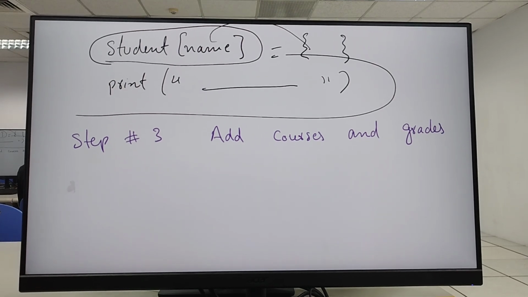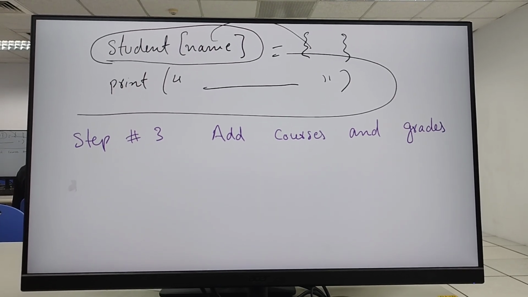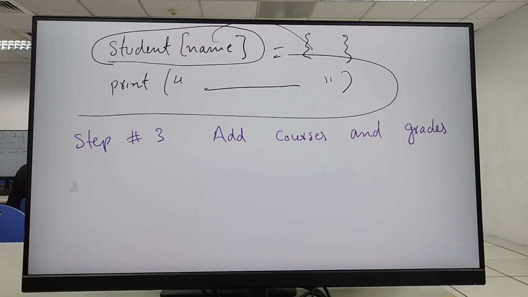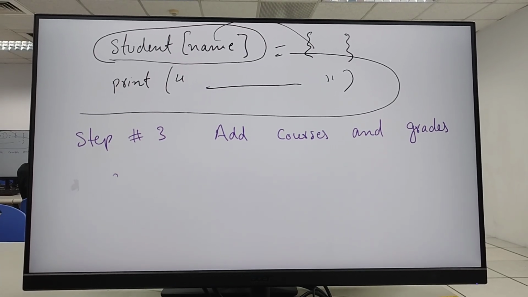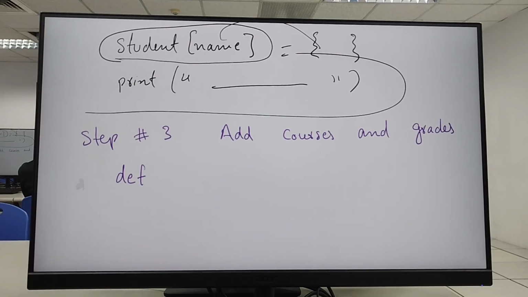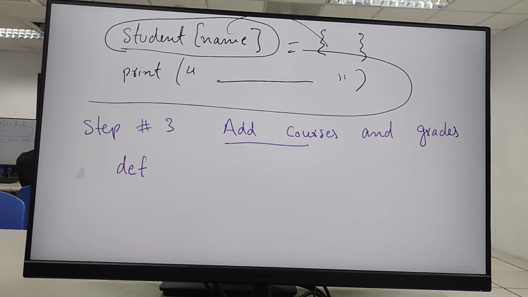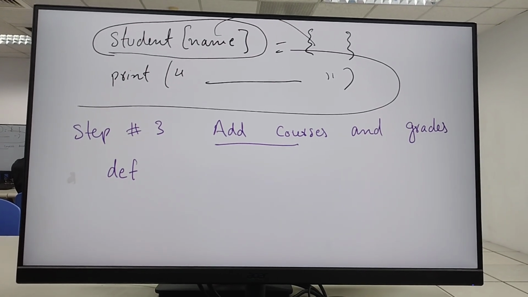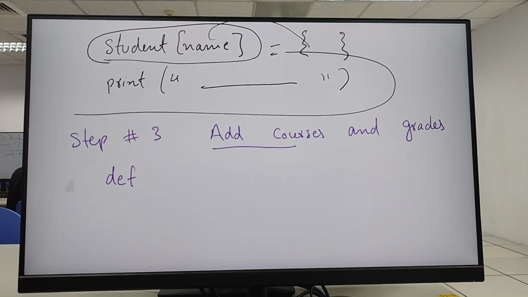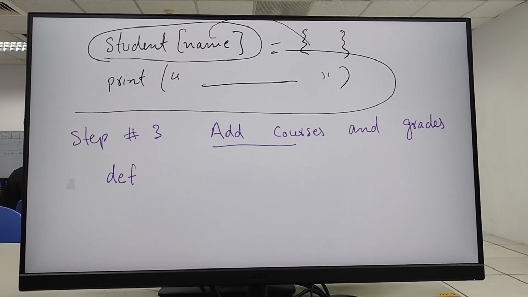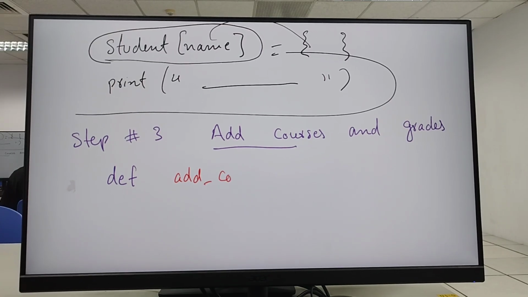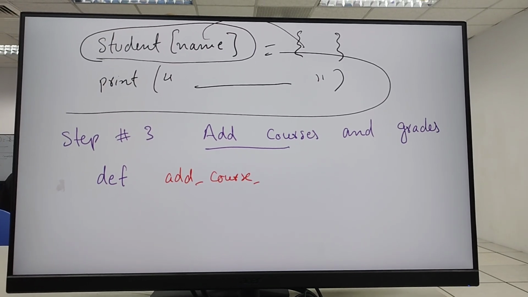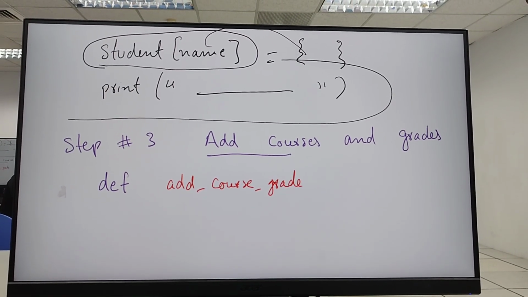Now you need to write a function for this one to add courses and grades. You need to figure out. Okay, now define another function that is add courses. You can write any name for this one, but for simplicity, I think easy to understand, you can write add course and grade, like this kind of name for the function.